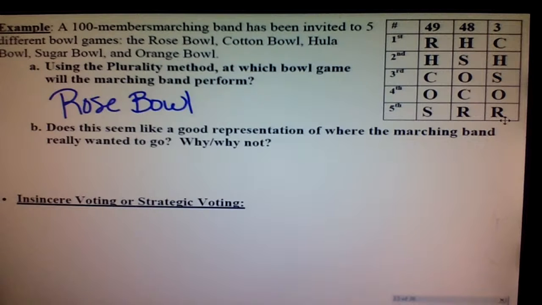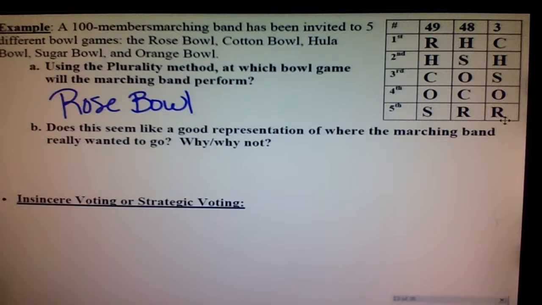Does this seem like a good representation of where the band really wanted to go? Why or why not? No. Give me a why. Not the majority winner. They don't have more than half. More than half would be 51 votes.